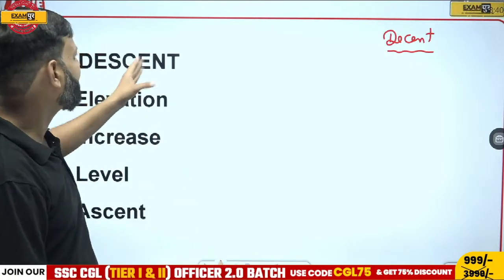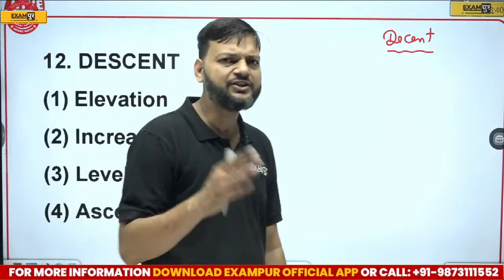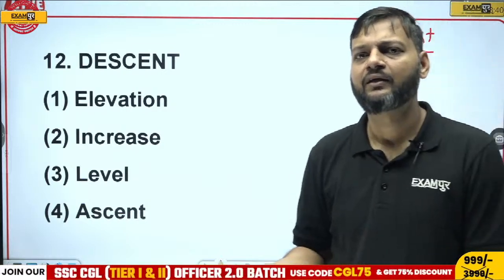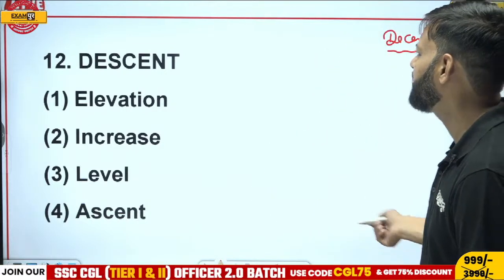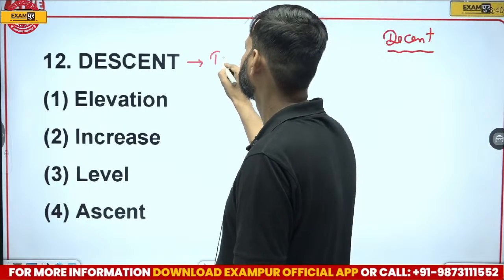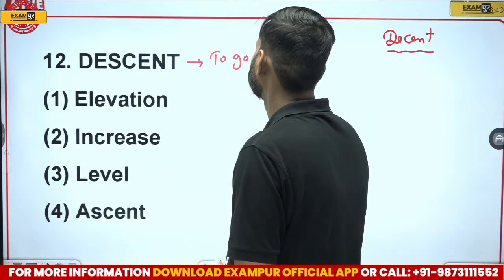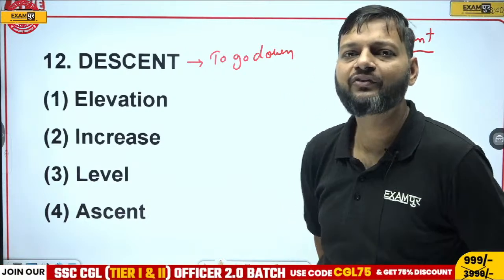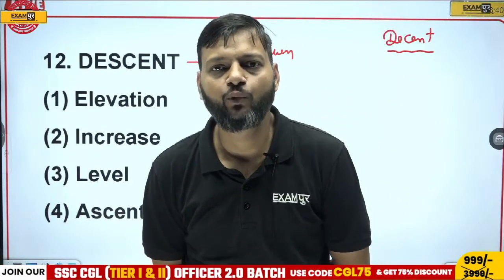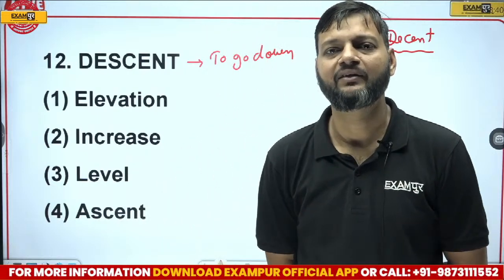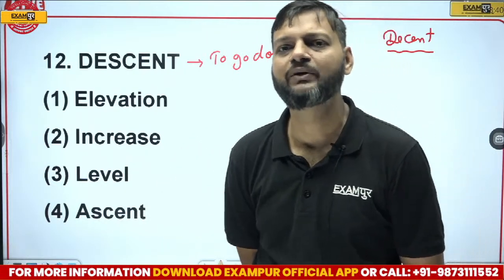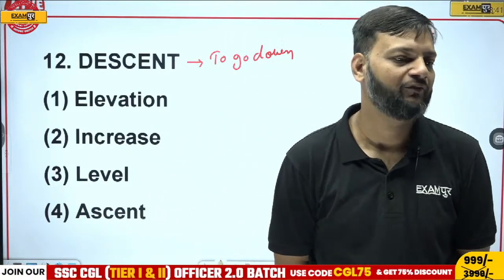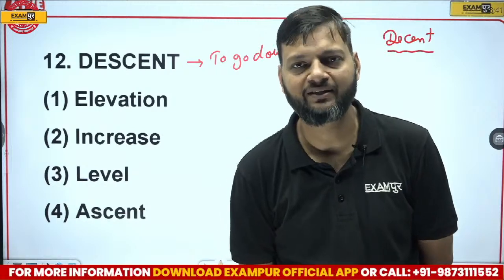Descent means to go down. You must have heard two words, ascending and descending. We use these two terms in elementary maths, ascending order and descending order, which you studied in first or second standard.